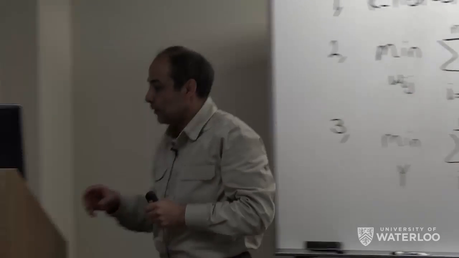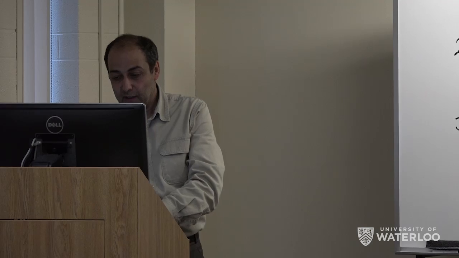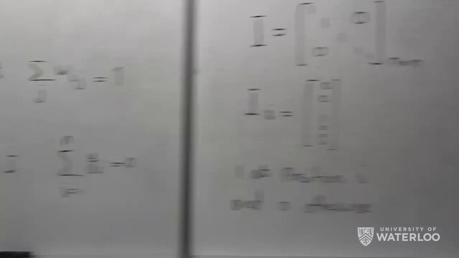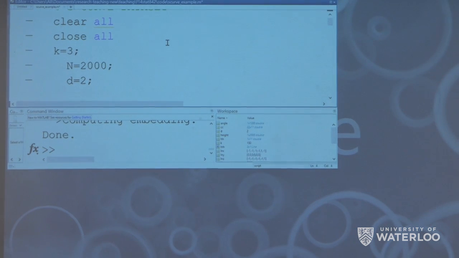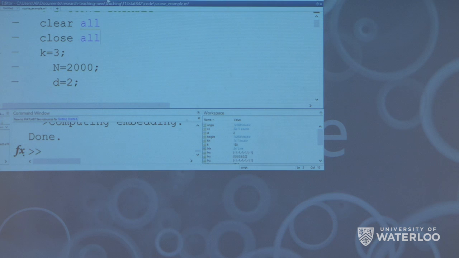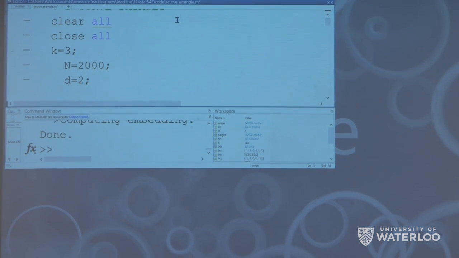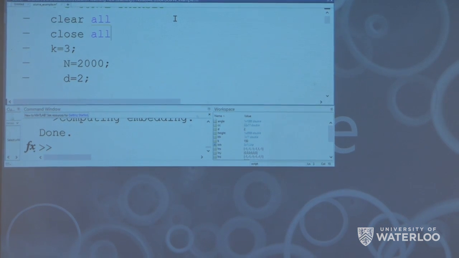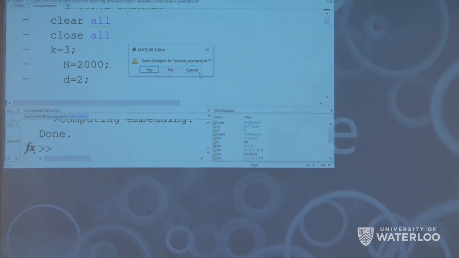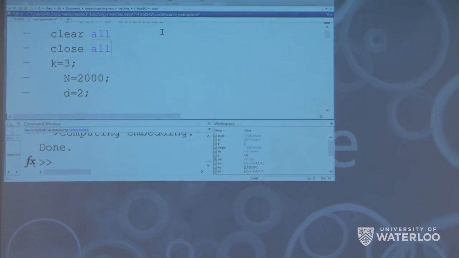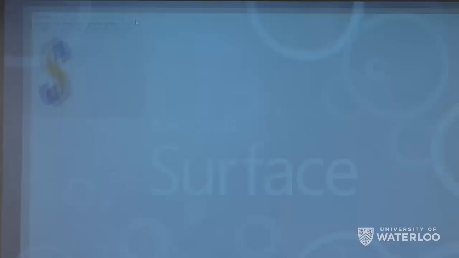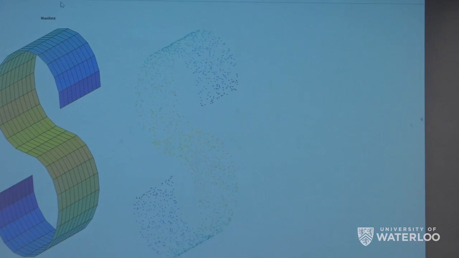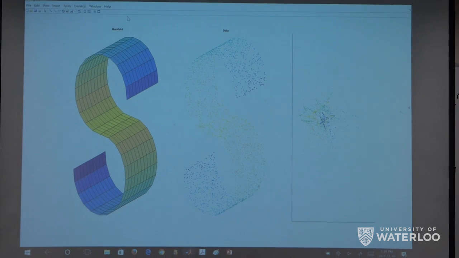Okay, so that was for a large K. If I choose K to be very small, then the graph is not connected anymore, and this is the result.